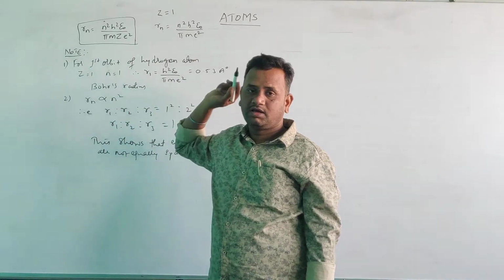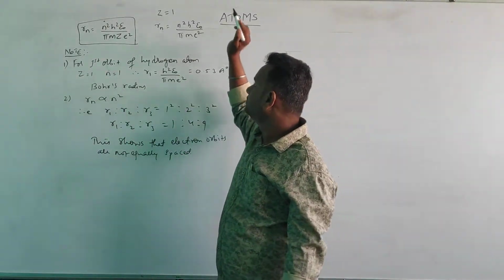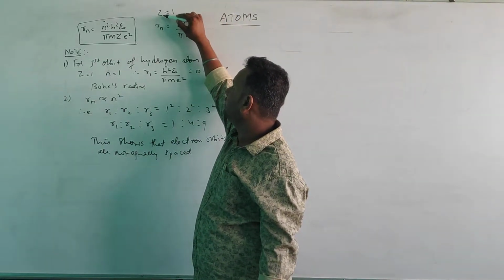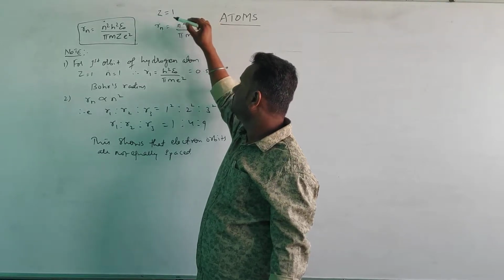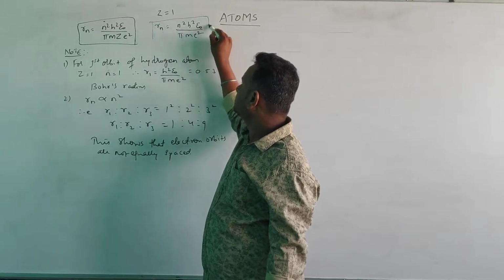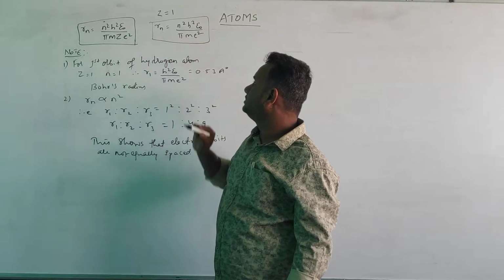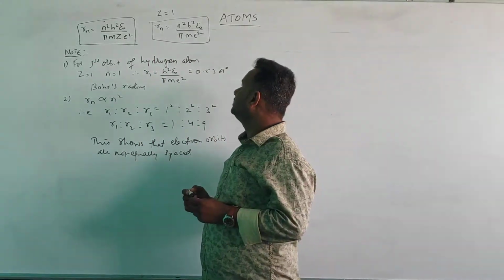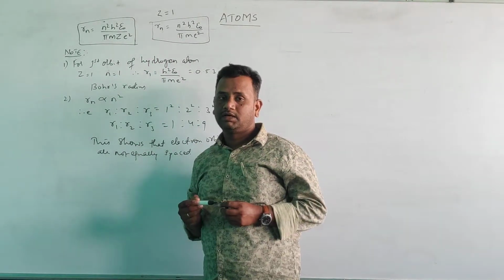Z means atomic number, so for hydrogen we have Z is equal to 1. So therefore our expression becomes Rn is equal to n square h square epsilon naught divided by pi m e square.